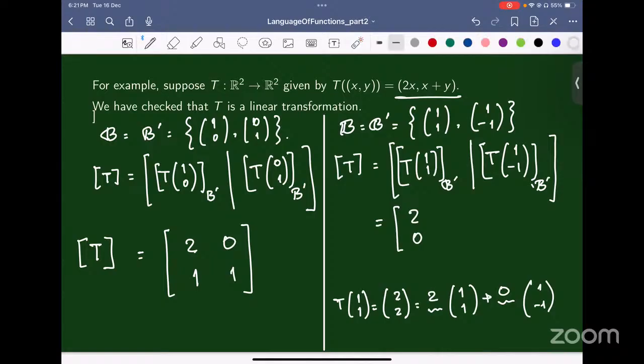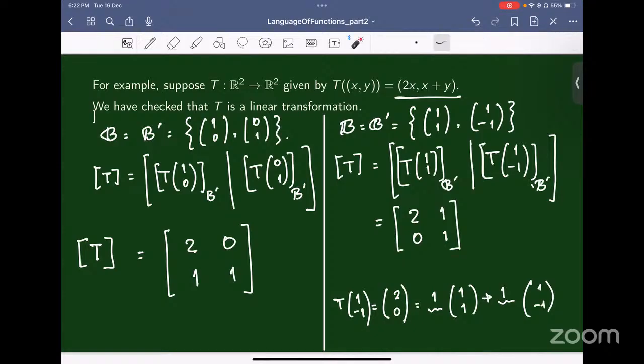Now if I apply T to (1,-1), the result is (2,0), which I would get by using the coefficients 1, 1. And so my second column would be 1, 1.